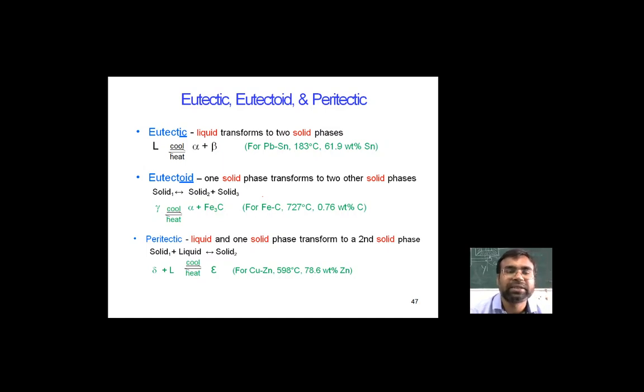These are the basic three kinds of reactions taking place, as we talked about earlier in the class.